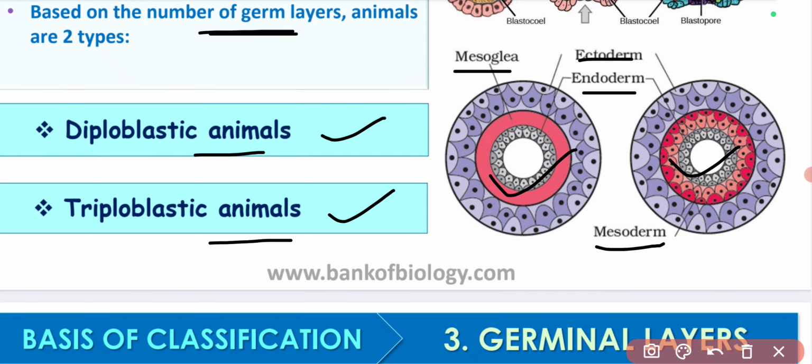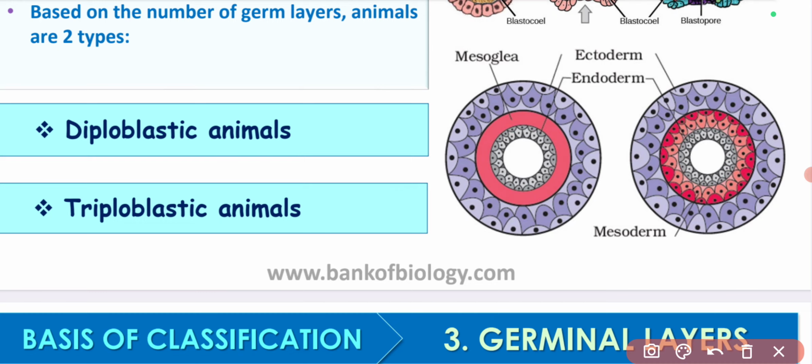Like this arrangement, in an embryo the cells are arranged and at a particular time they differentiate into a particular organ. Ectoderm, in a human being, the ectodermal cells form our bone and brain cavity.